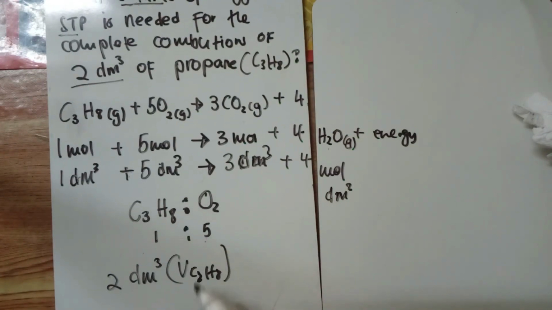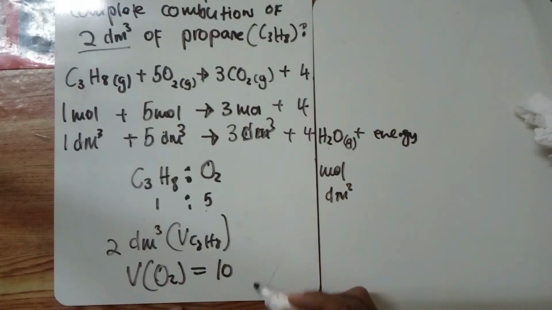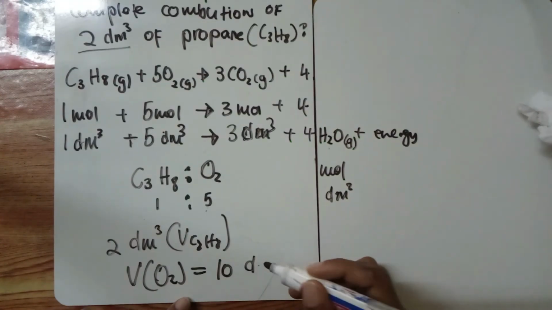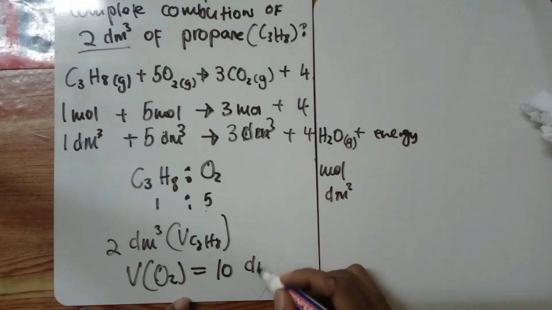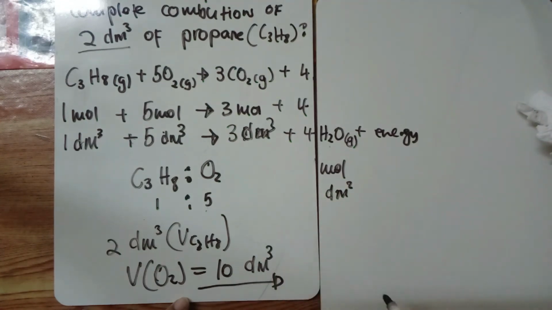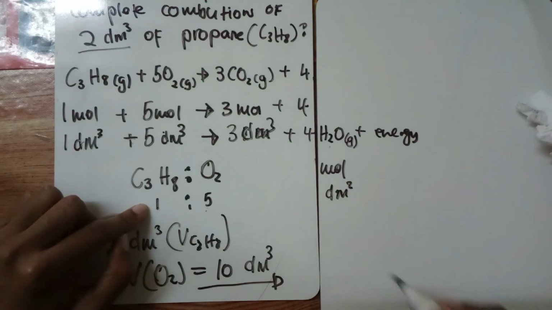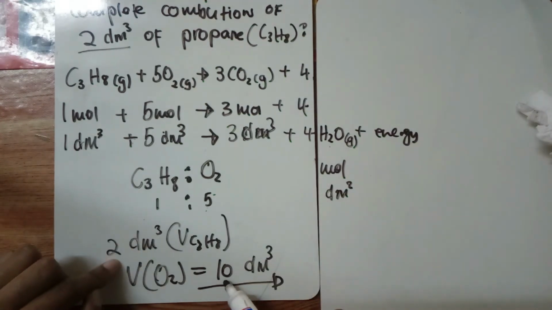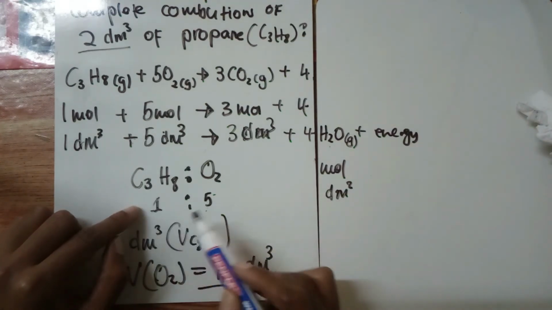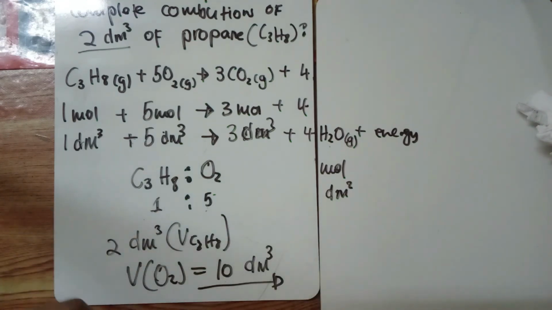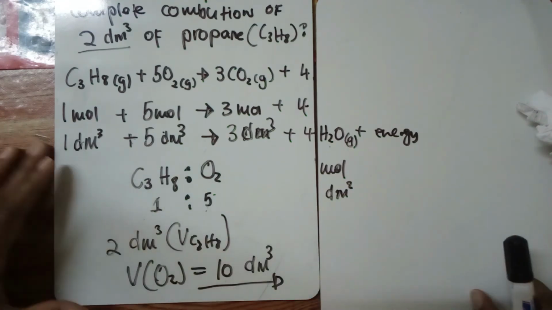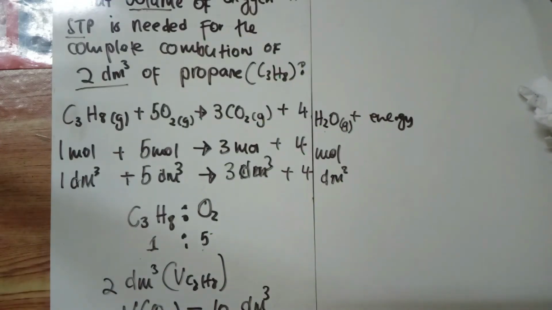So our calculation is just going to be 2 times 5, which will give us 10, meaning that the volume for our oxygen will be 10 cubic decimeters. I hope that is making sense. If for 1 we need 5, then for 2 we need 10, because their ratio is 1:5.